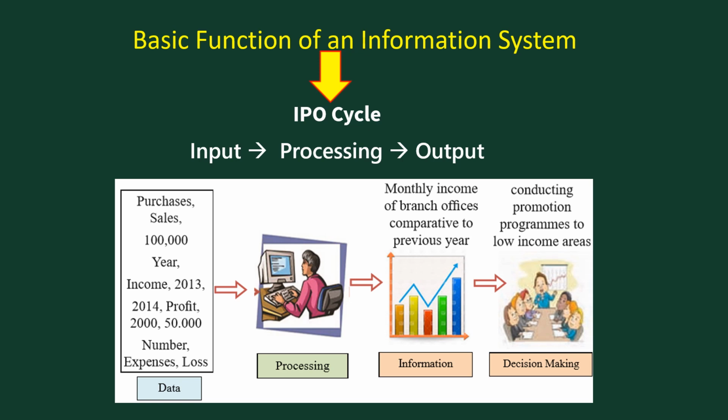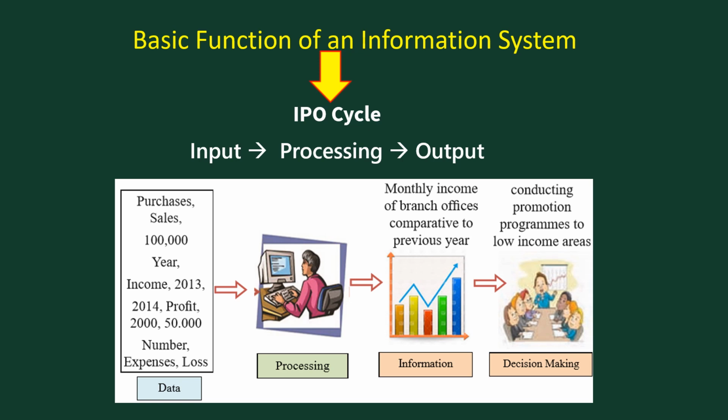Now children, you just compare this graph and this raw data, and you can understand more clearly. Of course the graph, isn't it? Now this graph represents the monthly income of branch officers. So we can compare the income clearly. Therefore, the board of directors of the company can come to a decision.